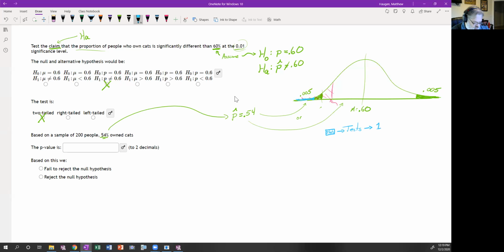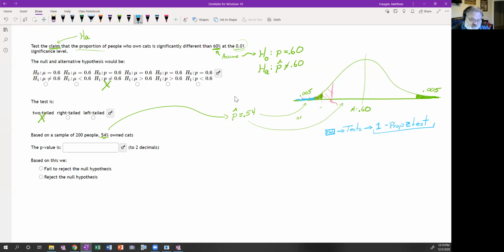So we're going to grab one proportion z test. And on mine, that's number 5. I don't know what it is on yours. Is it number 5 on yours? Yeah. Okay.